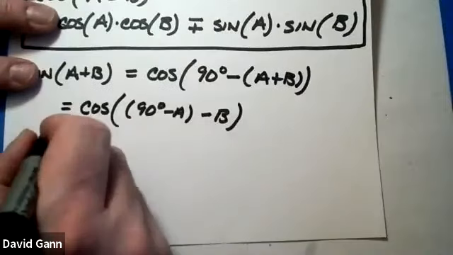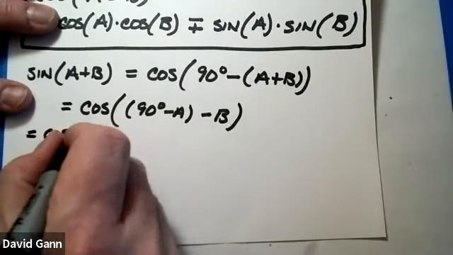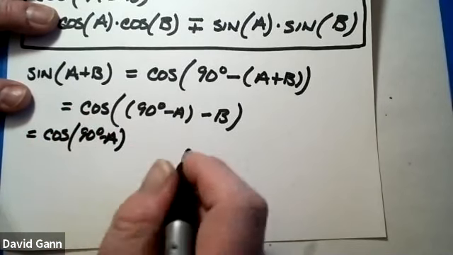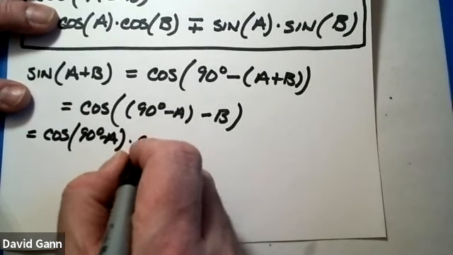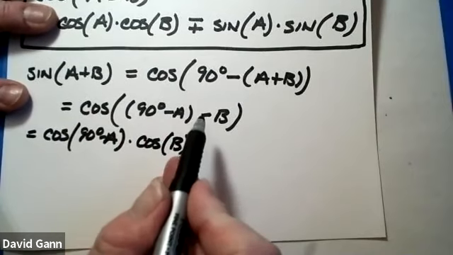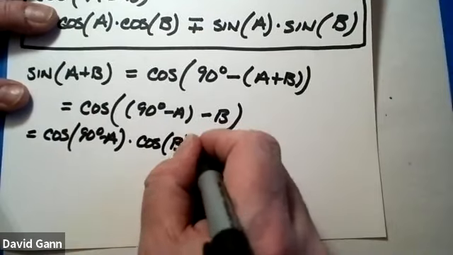So let's go ahead and write that. So we've got cosine of the first thing, which is 90 degrees minus the angle A, times the cosine of the second thing. Now remember, because we're doing A minus B, the sign will be opposite.